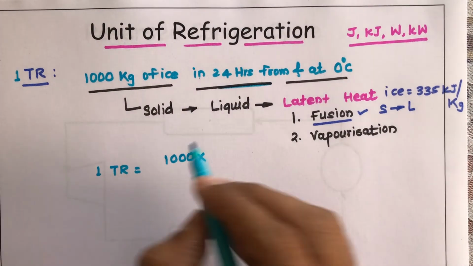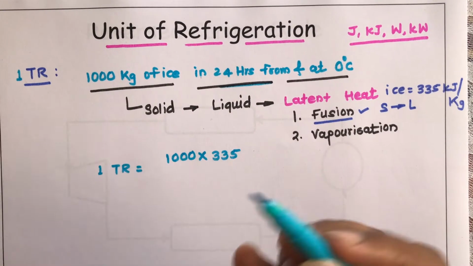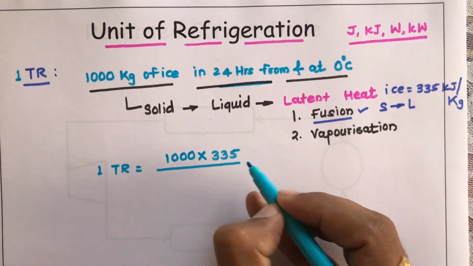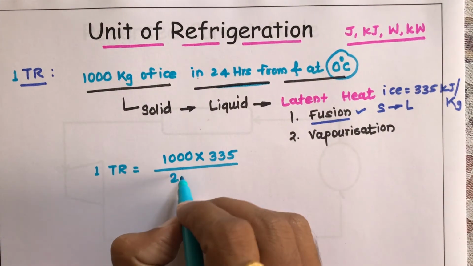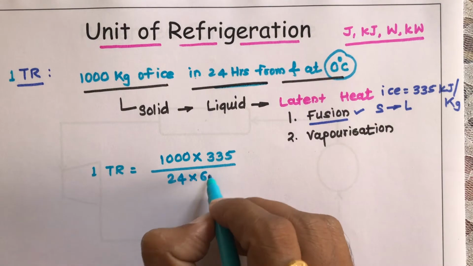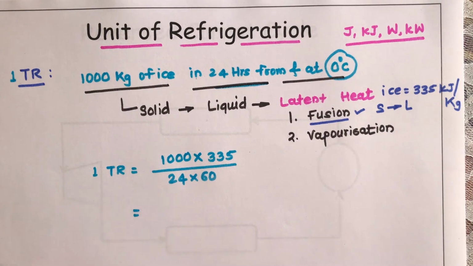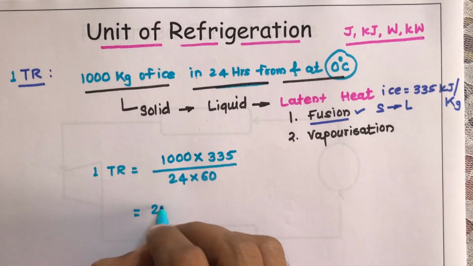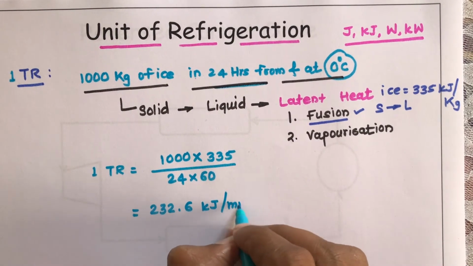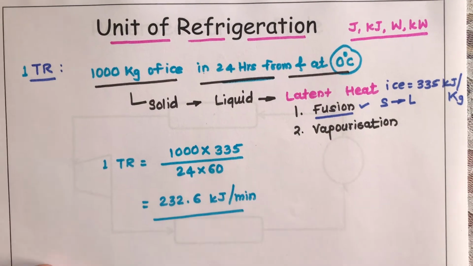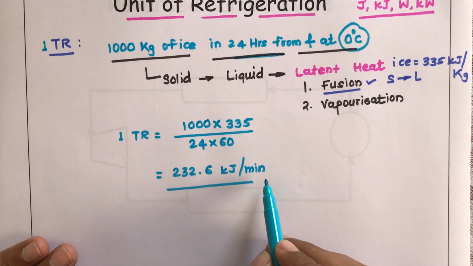We have 1000 kg, so 1000 multiplied by 335 kilojoule per kg, and this effect we are going to have at 0 degrees Celsius, but for how much time? 24 hours. Let us divide by 24 and multiply by 60 so that I get the final value per minute. Here finally I am getting 232.6 kilojoule per minute.